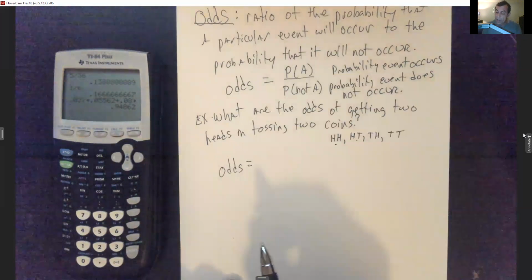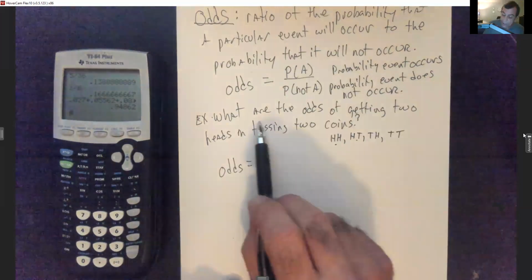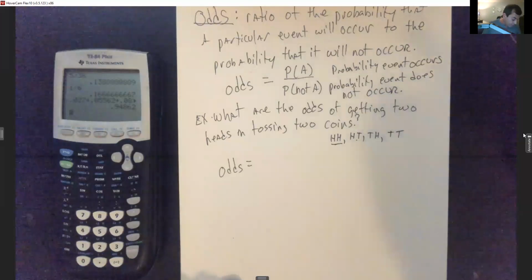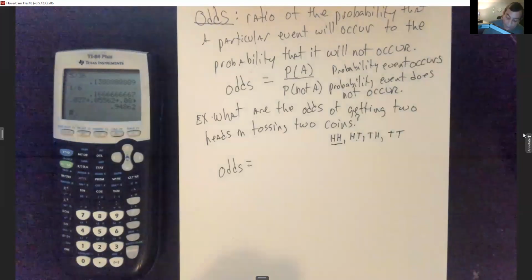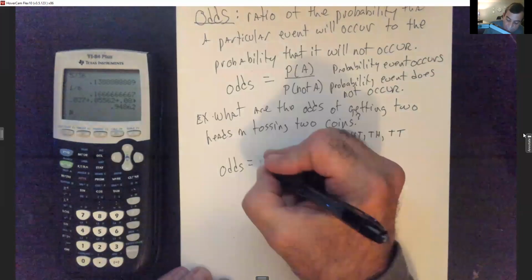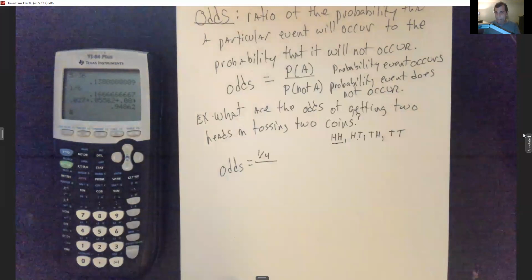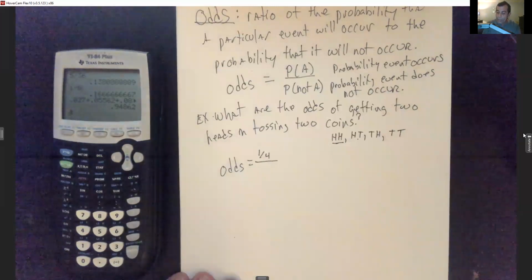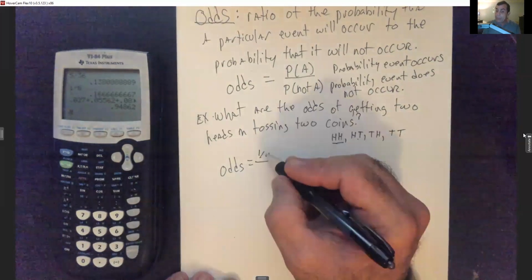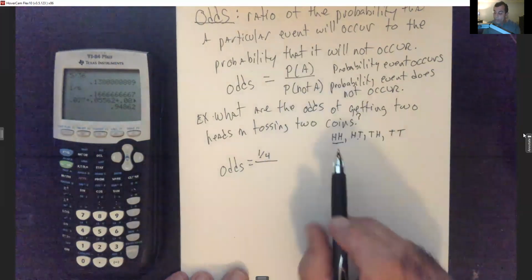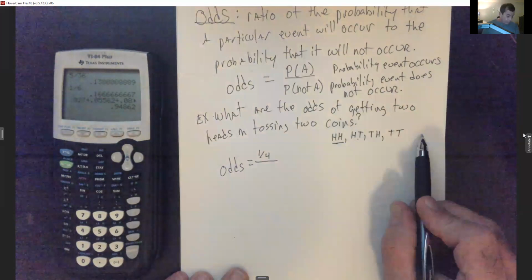They said, what's the odds of getting two heads? So to get two heads, I had one chance of getting two heads, right? So that would be a 1 out of 4 chance. So notice I'm putting the probabilities, not the number of times it happens. The probability of getting two heads is 1 out of the 4 occurrences.